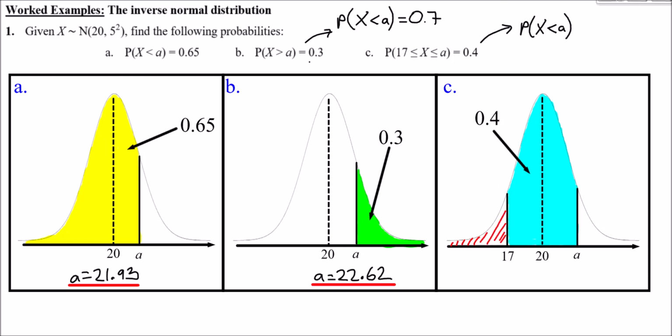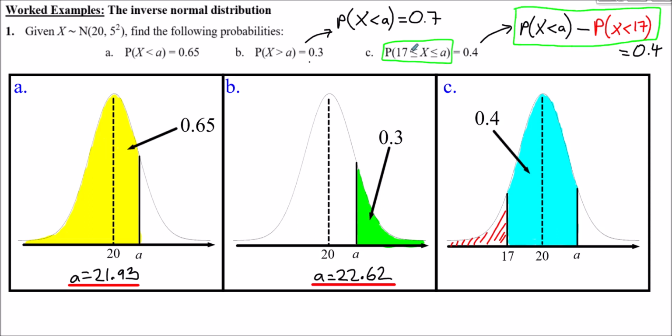So it's all of that apart from the probability of x being less than 17. So that's equal to 0.4. So all I've done here is reframe this and rewrite it in this way.